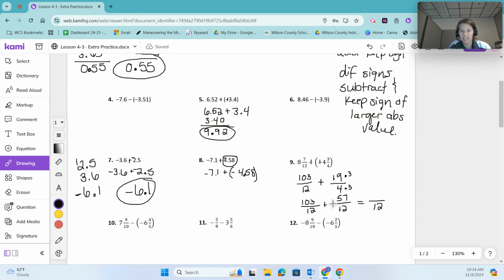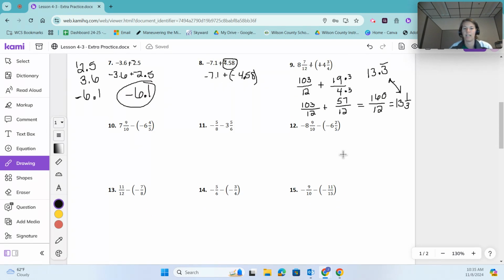Denominator stays the same. 57 plus 103 is 160, and 160 divided by 12 simplifies to 13 and 1/3, or 13.3 repeating. Either one of those would be correct. The hardest part here is finding that common denominator. You follow the same rules that we've been following.